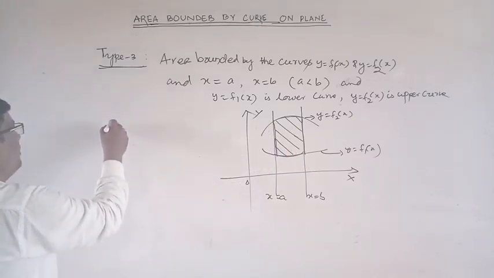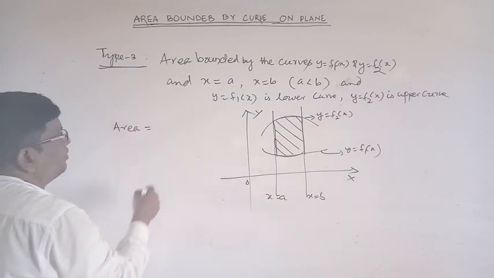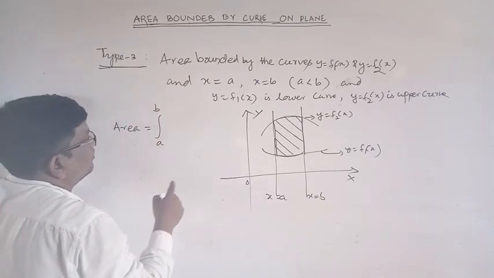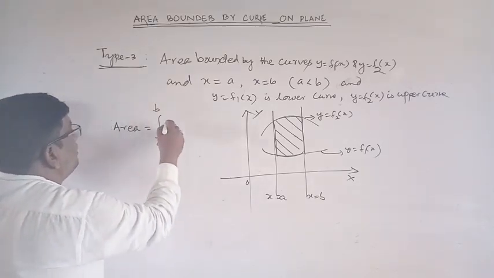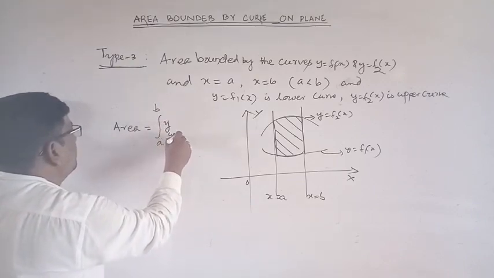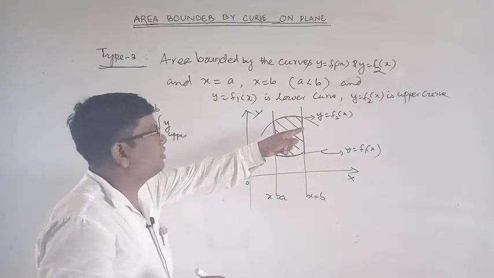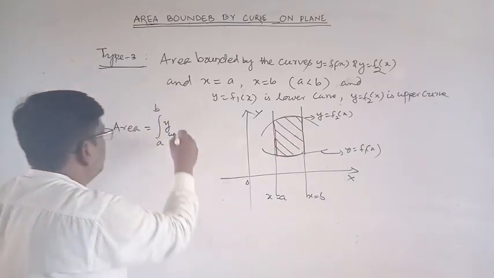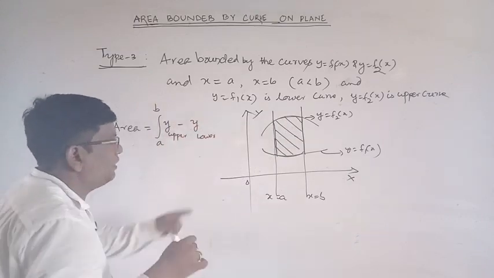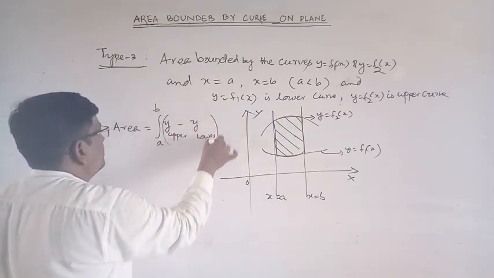So required area is equal to the integral from a to b of y upper, that is y from the upper curve, minus y lower, that is y from the lower curve, into dx.